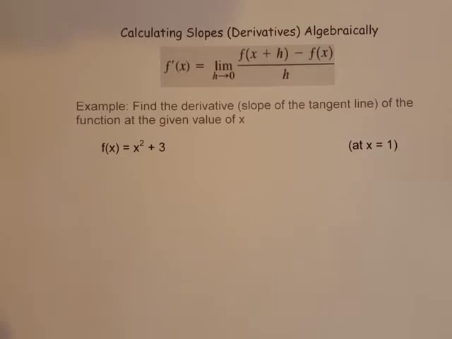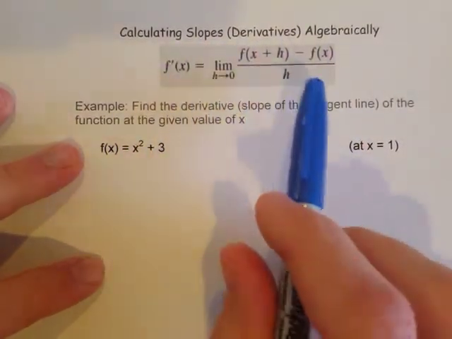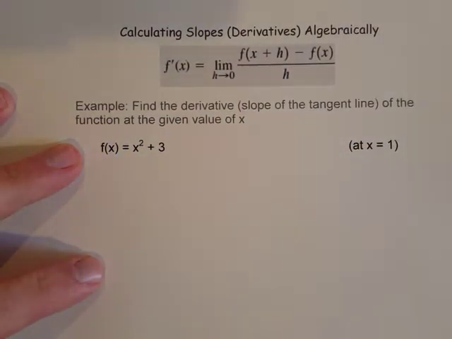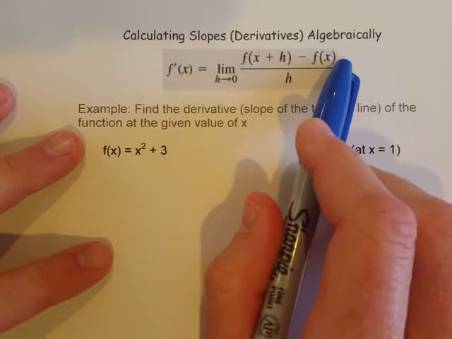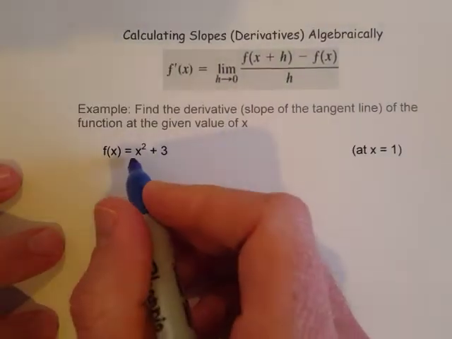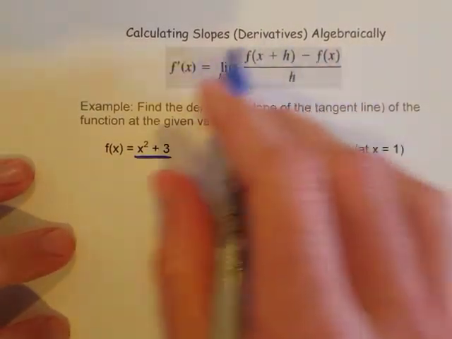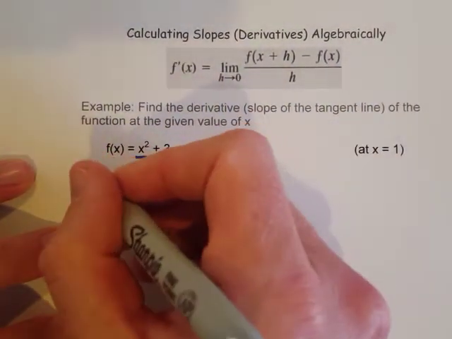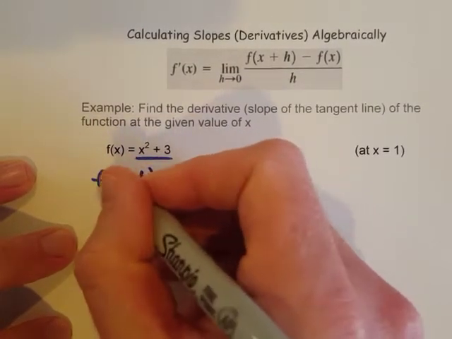So one thing you'll notice is we have to use this formula. The nice thing about these is that the formula is always going to be the formula you use. You never have to stray from it. So we've got to have f of x plus h minus f of x on the top. Now, we know what f of x is. That's right here. But if we're going to do this problem successfully, before you even plug it in, what I would try to do is find f of x plus h.